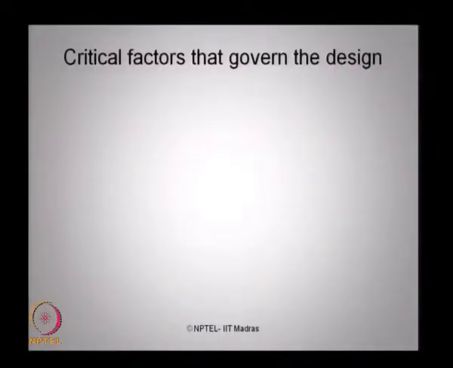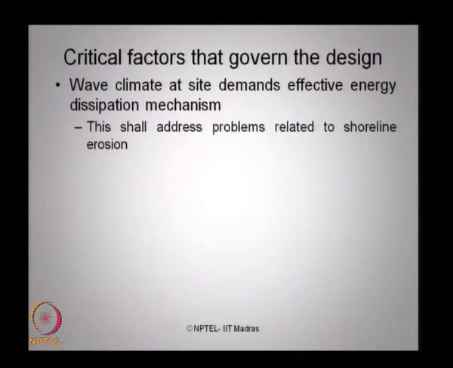Now, let us quickly see what are those critical factors that may govern the design of an embankment under such soil conditions. The foremost, of course, that governs the design of a saline embankment is the wave climate.